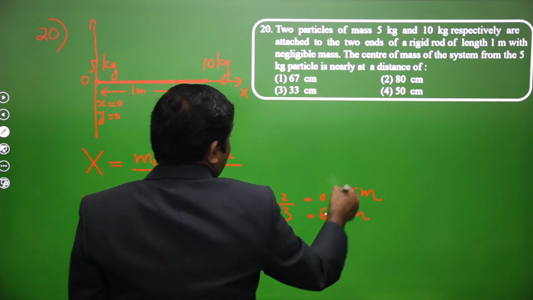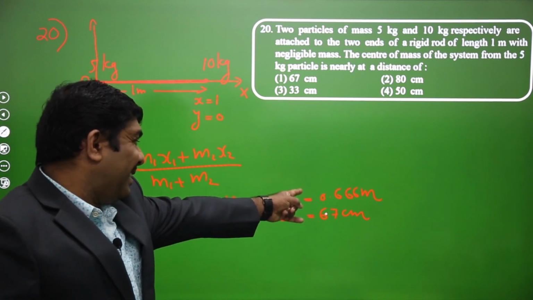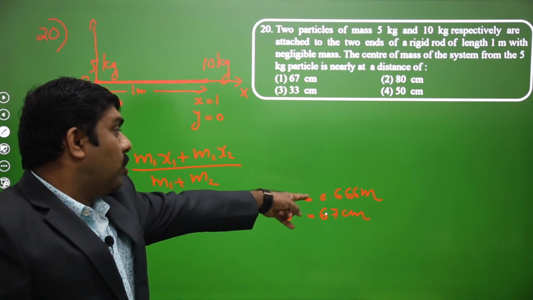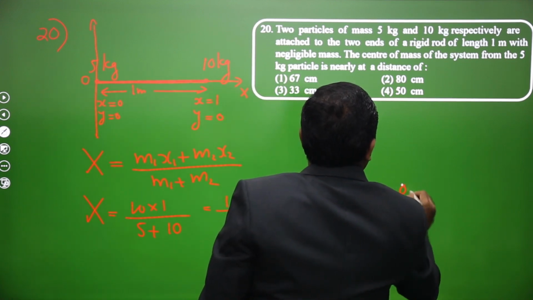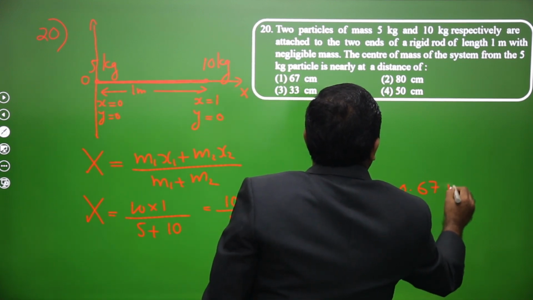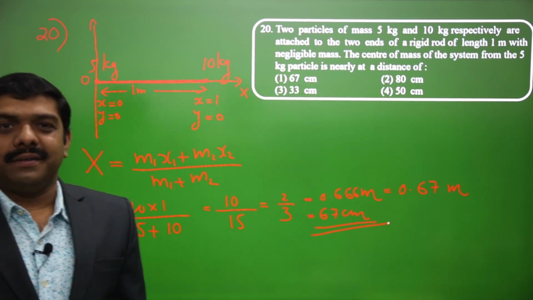If you round off to 2 decimal digits, 0.67 is coming. So 0.67 meter, and that is equal to 67 centimeter.